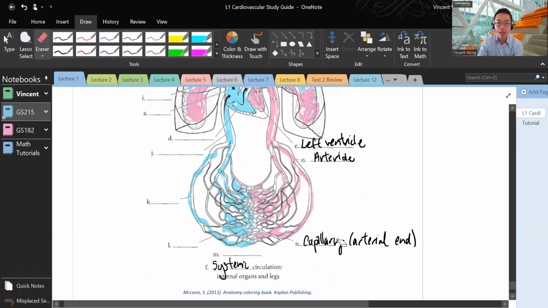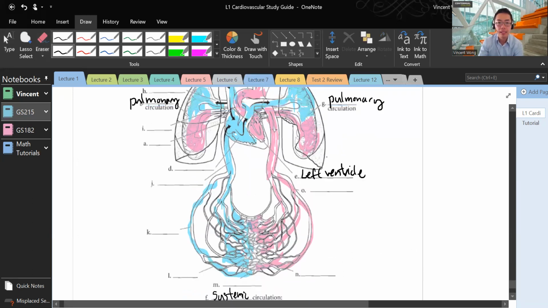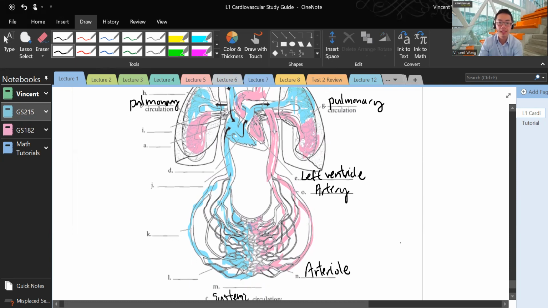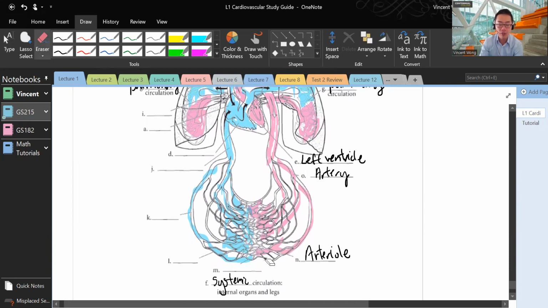Oh, actually, you know what? I think I made a mistake. This is the aorta, and then it's going to become artery, and then it's going to become the smaller version, which is the arteriole. Sorry about that. Then the actual capillary.